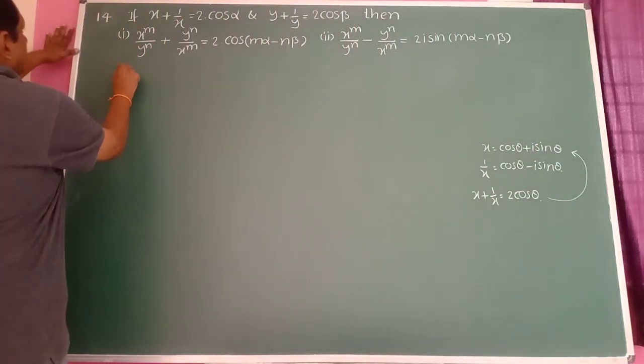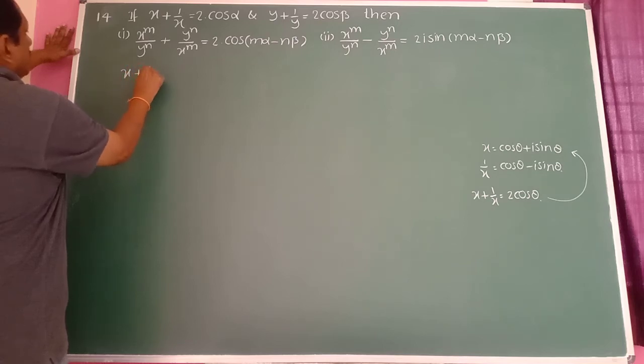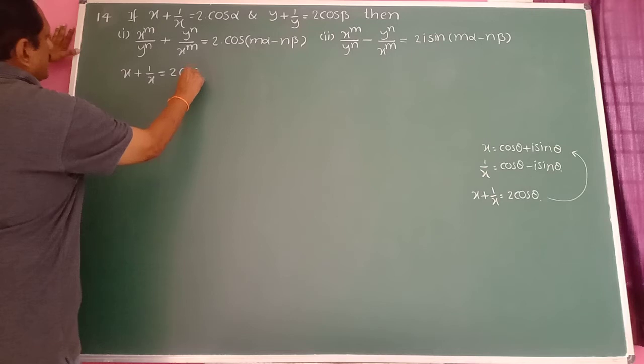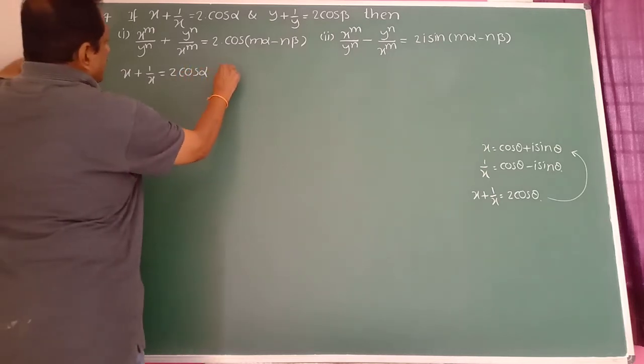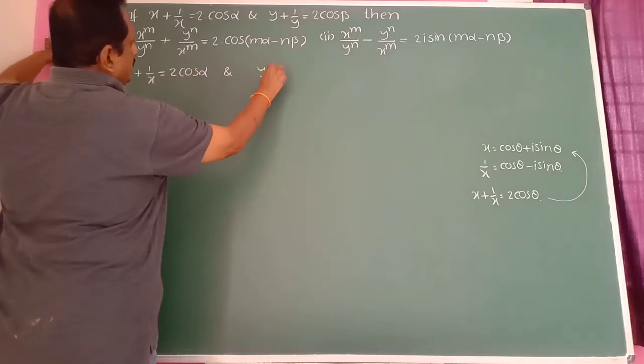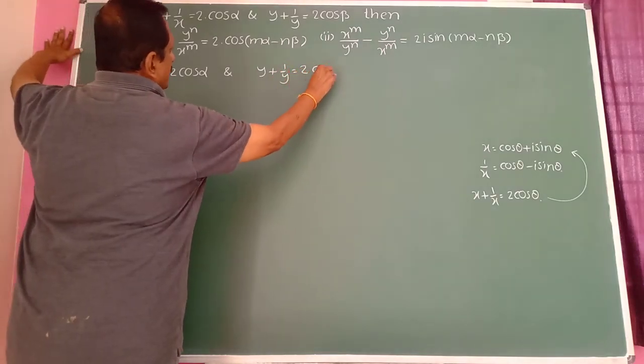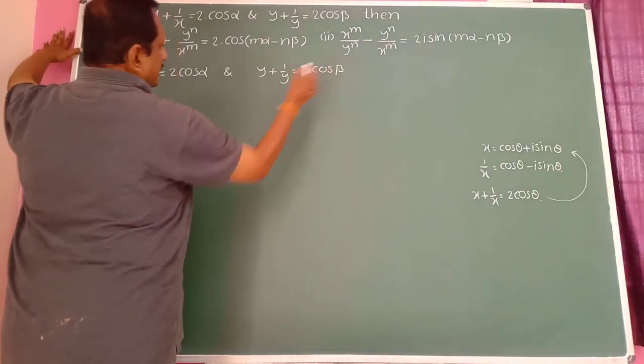Therefore, they given here, x plus 1 upon x is equal to 2 cos alpha, and y plus 1 upon y is equal to 2 cos beta.